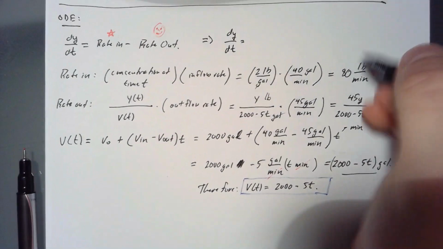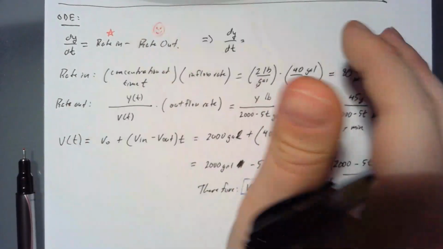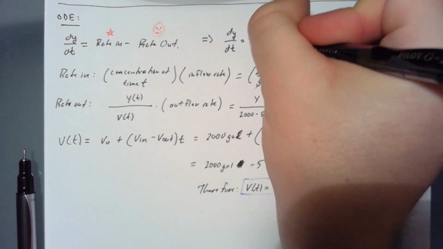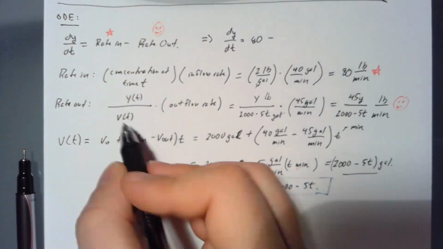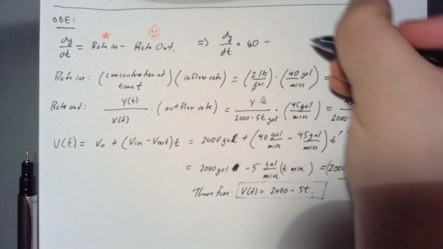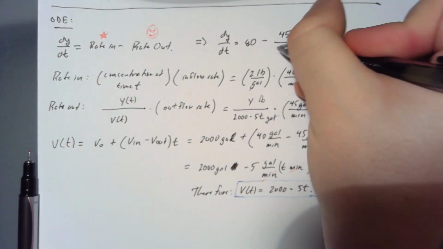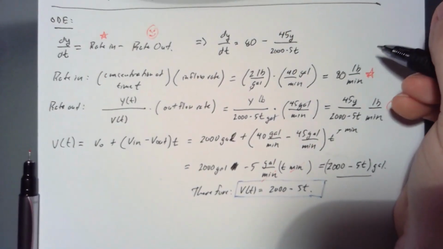dy dt equals, what's the rate in? It was 80. Now I'm not going to include the units, just to make it look a little nicer. So I'm going to have 80 minus rate out. What was the rate out? Well, we got 45y over 2,000 minus 5t. Here's my differential equation.